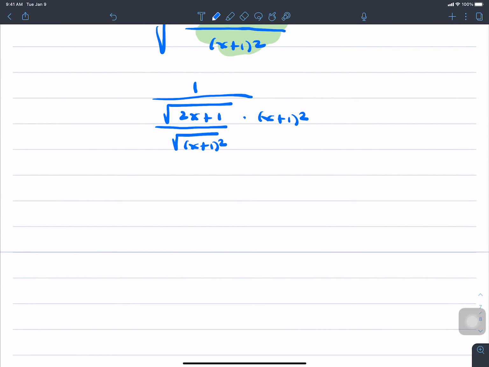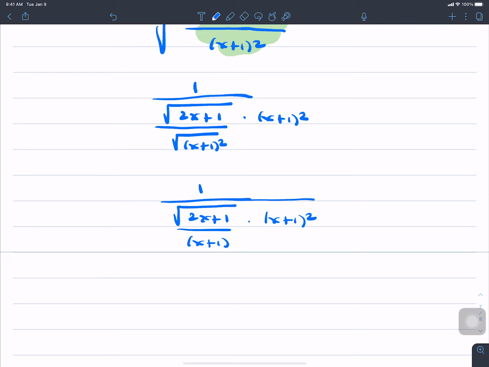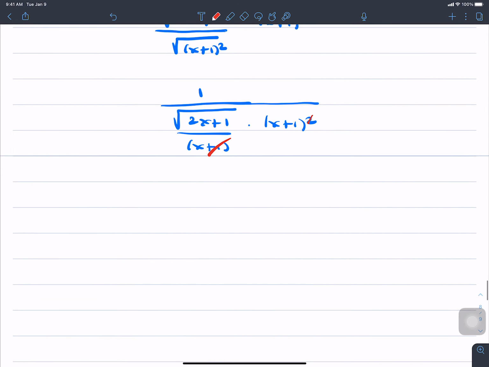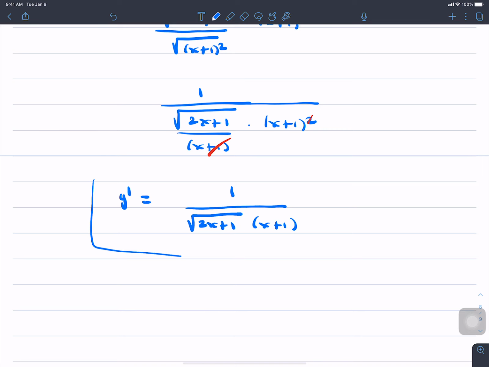Now, the square root of x plus 1 squared, we get 1 over 2x plus 1 over simply x plus 1 times x plus 1 squared. And so we will cancel here. And what you are left with, 1 over the square root 2x plus 1 times x plus 1.